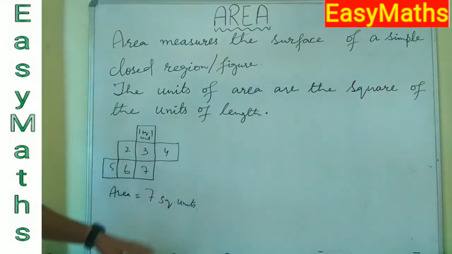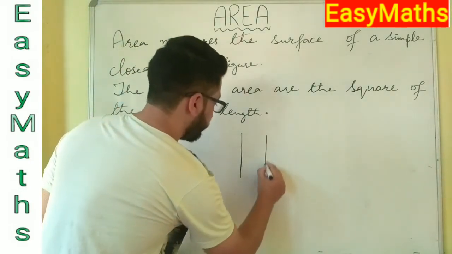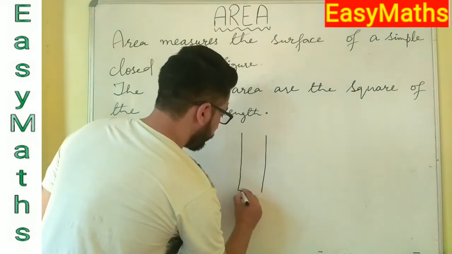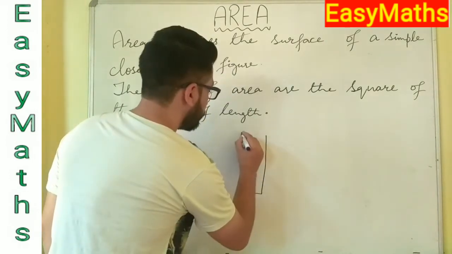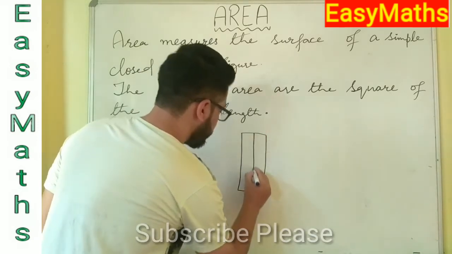But in irregular figures, there is one more case. How do we find the area of such a figure? Suppose I am going to show you that figure here. Suppose we have this figure.